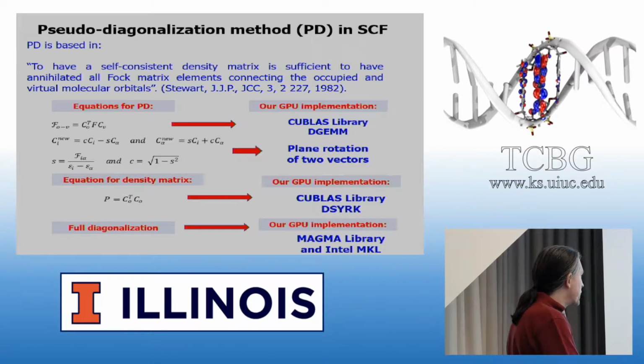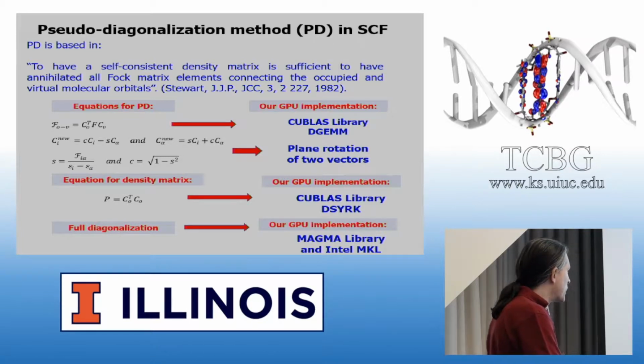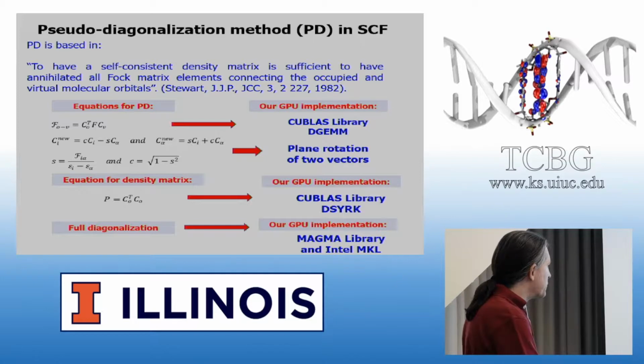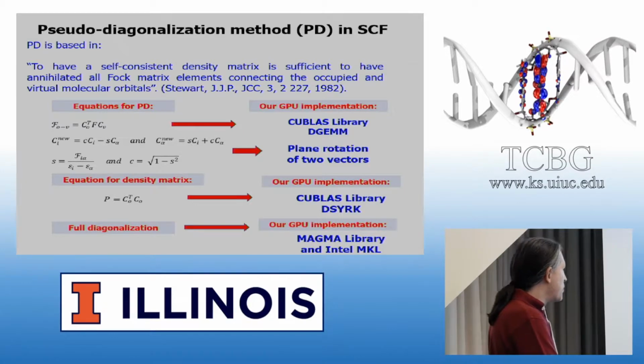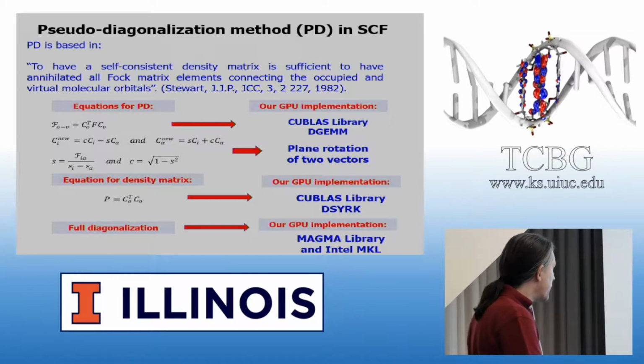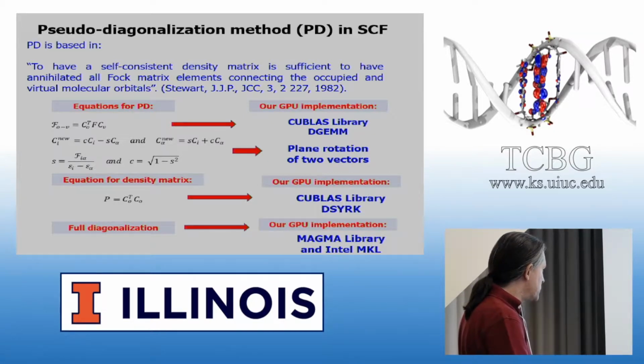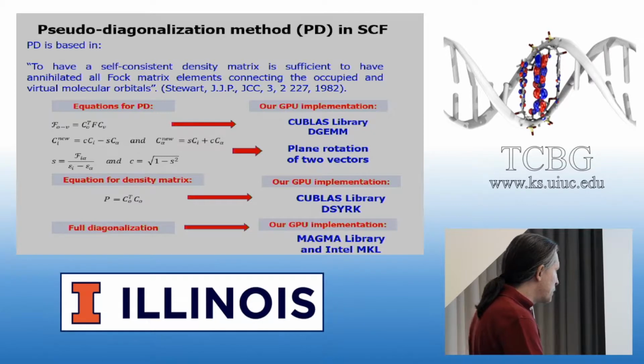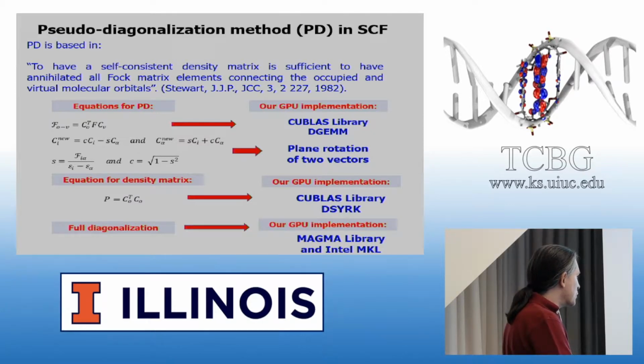The equivalent of the GPU version. Yeah, we use the cuBLAS library to do this type of operation, and for that you use this type of routine in the cuBLAS library.